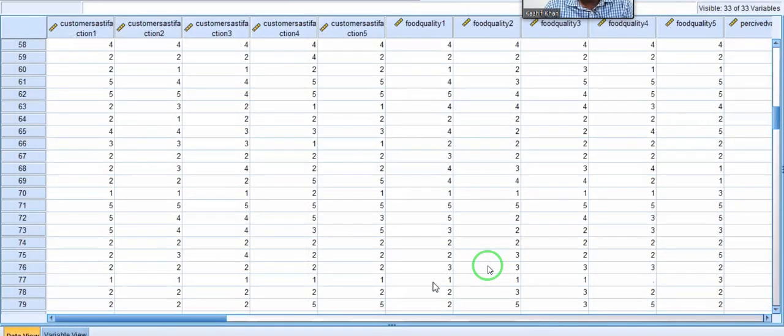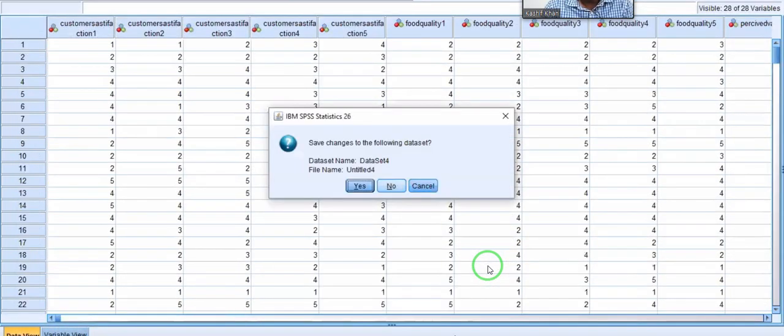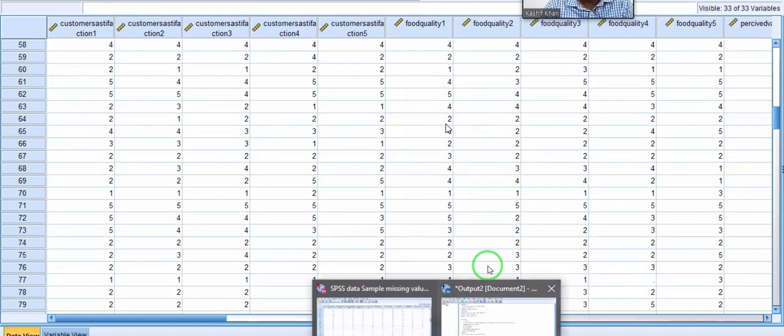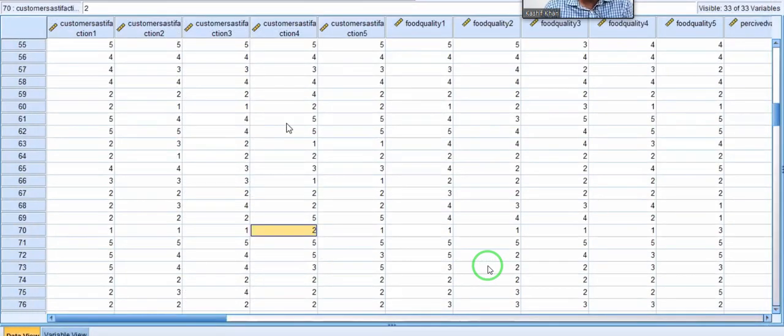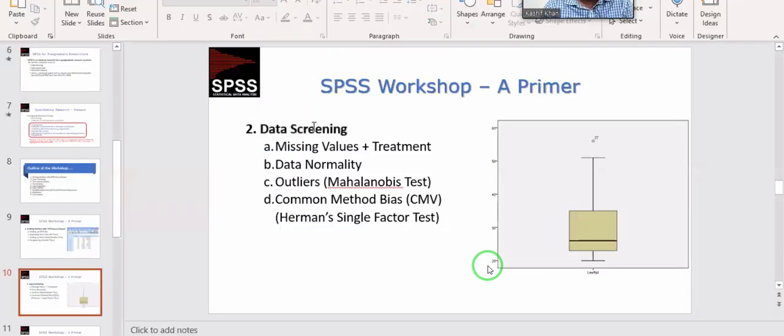Okay, let's close this file and this output file. So this is the file, and the name of this file is bit missing value.